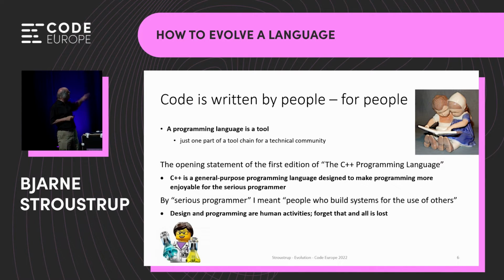And so in The C++ Programming Language that I wrote and published in '85, the first sentence was: C++ is a general purpose programming language designed to make programming more enjoyable for the serious programmer.